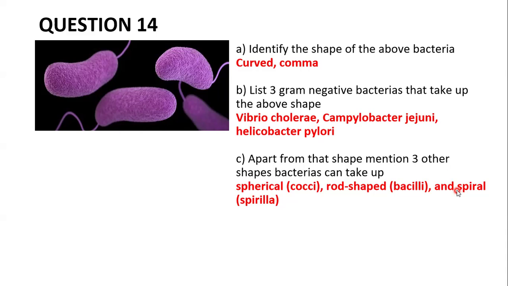Yes, if you wrote diplococci, it is still part of the cocci, but that can also be an answer. Then we have the coccobacilli, the ones that are spherical and rod-shaped: Haemophilus influenzae and Bordetella pertussis. Okay. So if you get the principle of how these bacteria are shaped, you're easily able to classify them.